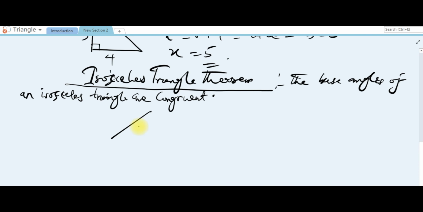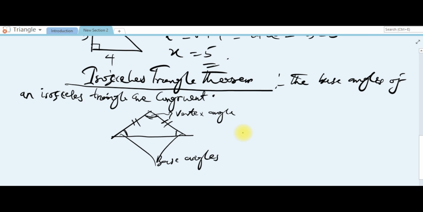I'm saying that if you have an isosceles triangle, where two sides are equal, these are the base angles and this is the vertex angle. Whatever angle is here, if here is x, here should be x.